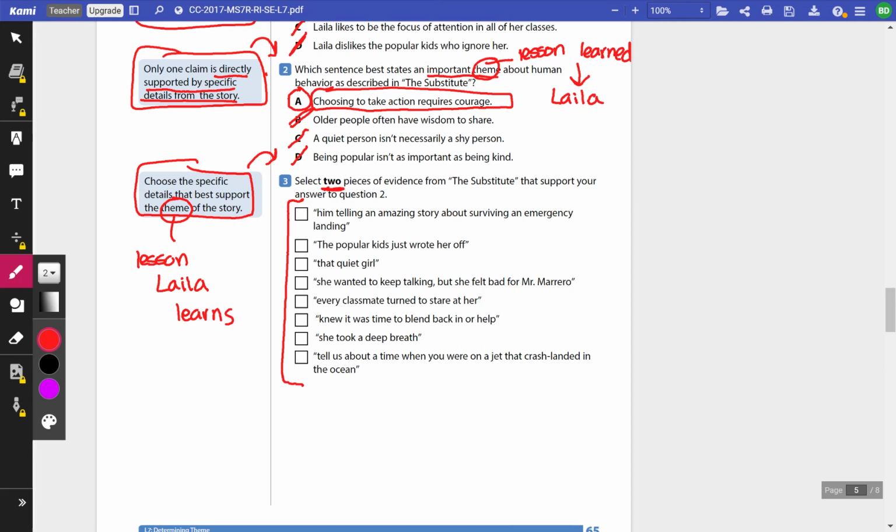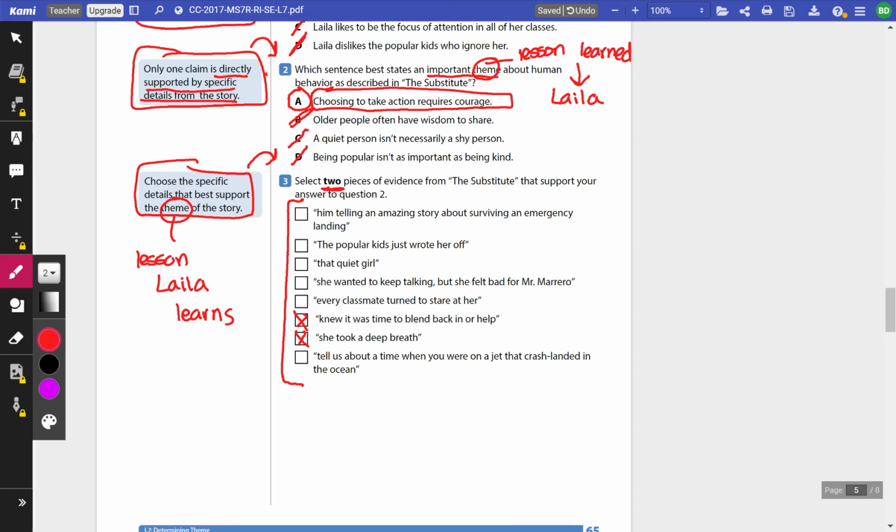Okay, so the 2 pieces of textual evidence that support the theme of the story are she knew it was time to blend back in or help, and she took a deep breath. So these are the only 2 pieces of evidence that support the theme of choosing to take action requires courage.